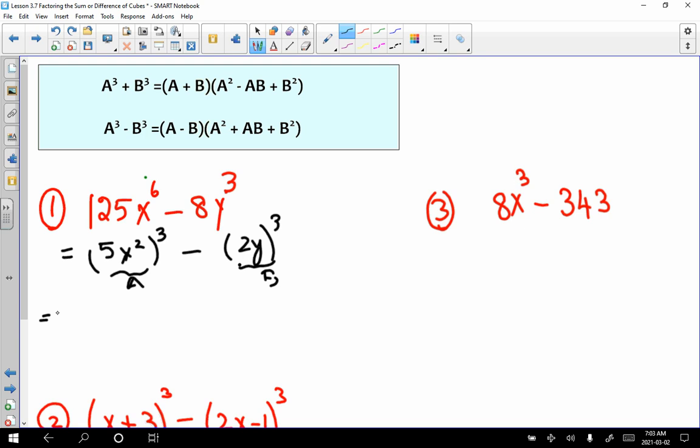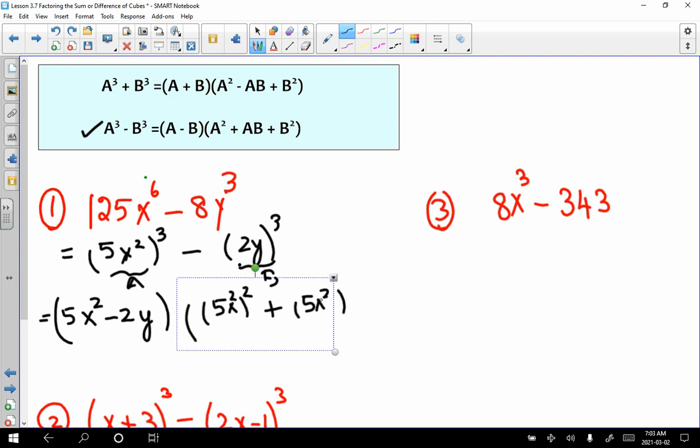So it's going to be a minus b, which is 5x squared minus 2y, right? Because that's the formula. We're going to use this formula, times a squared. So it's 5x squared squared plus ab, so 5x squared times 2y, and plus b squared, so plus 2y squared.